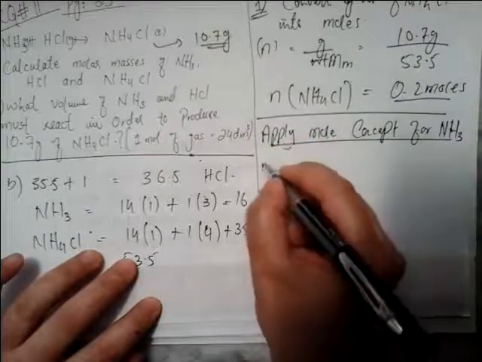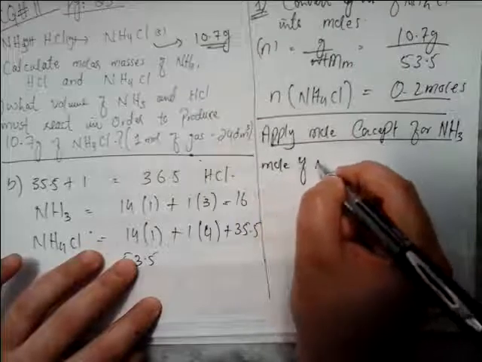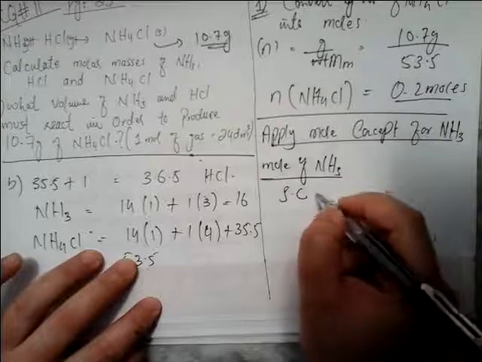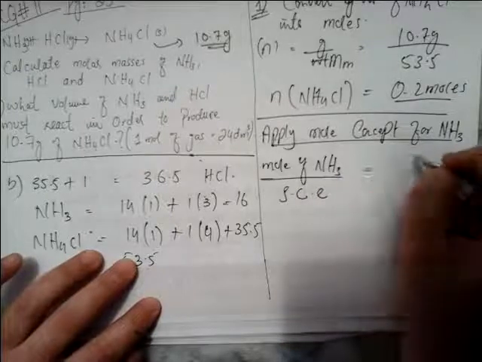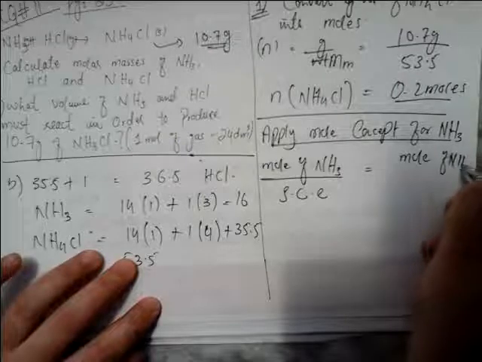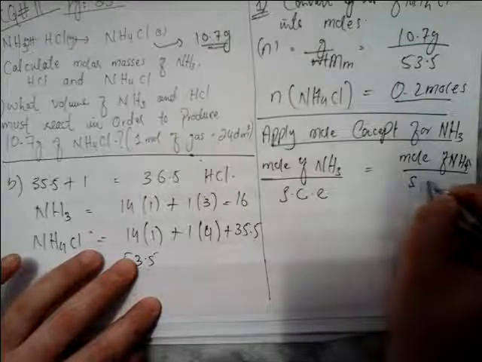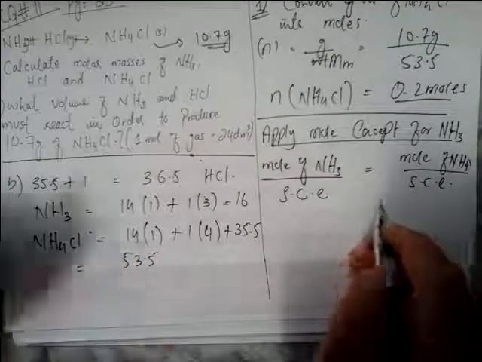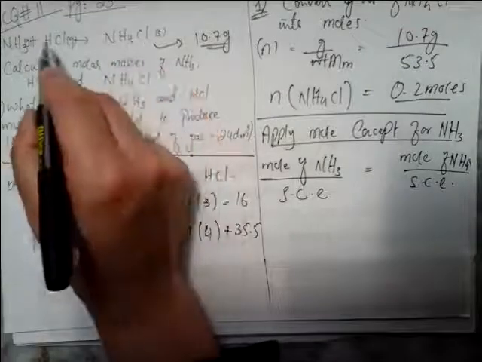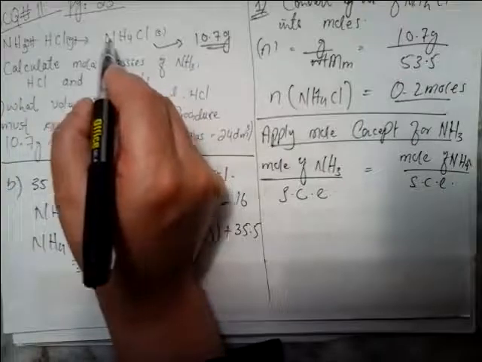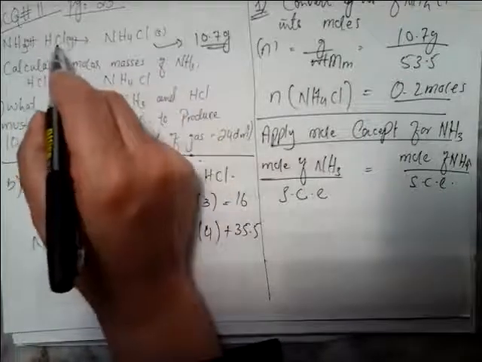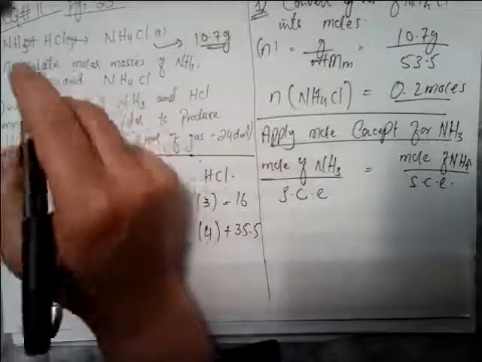Okay, so moles of ammonia divided by stoichiometric coefficient is equal to moles of ammonium chloride divided by stoichiometric coefficient. So let us see whether the equation is balanced or not. 4 hydrogen over here, 4 hydrogen over here, 1 nitrogen over here, 1 nitrogen is also there. Chlorine is 1 there and also chlorine. So there is no need to balance the equation.